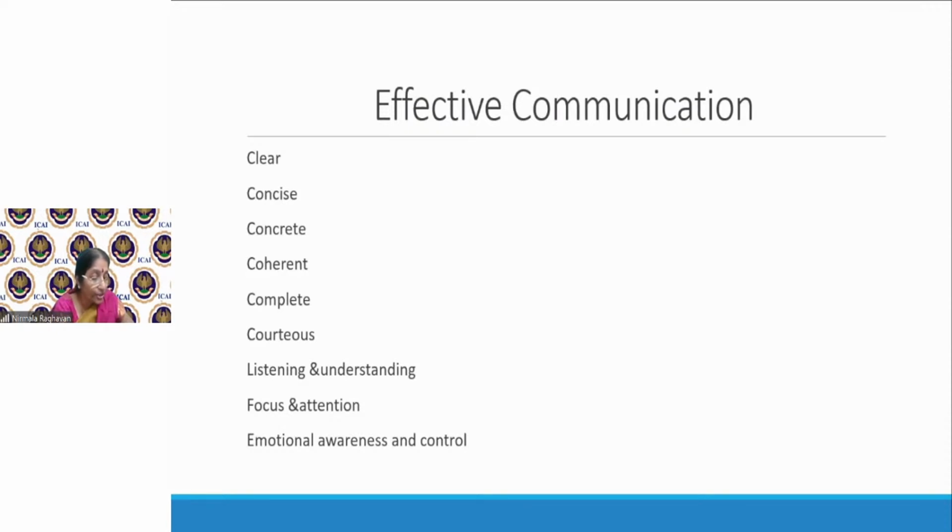Emotional, I told you: suddenly you cry, suddenly you laugh, you're angry. All this happens because you have no control over your emotions. Complete means complete sentences, or complete communication of the message that has to be delivered. Concise is being brief or short.